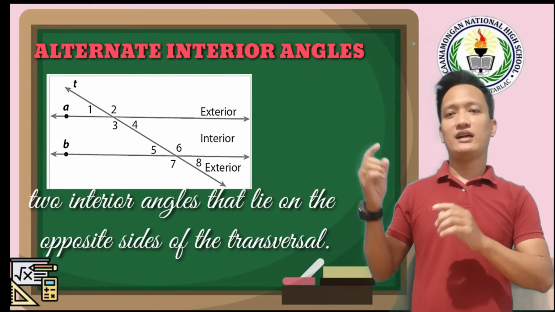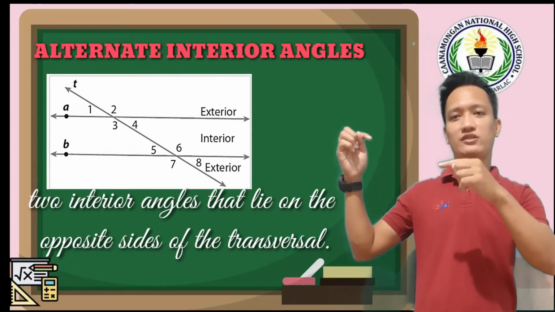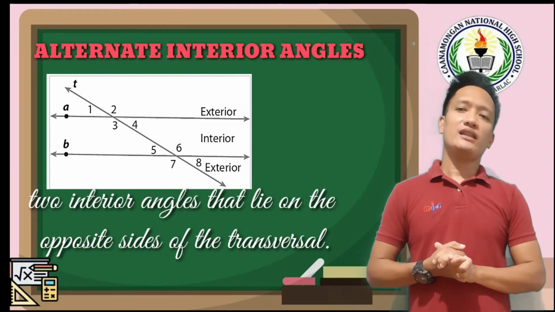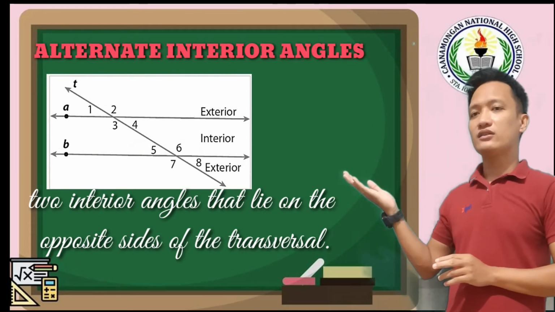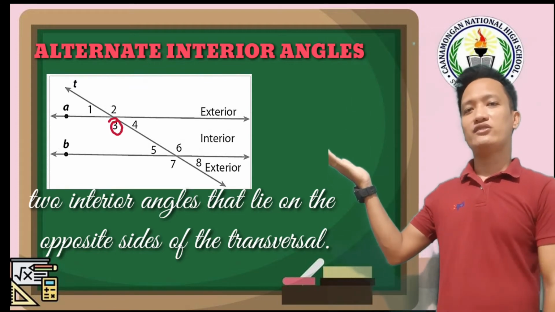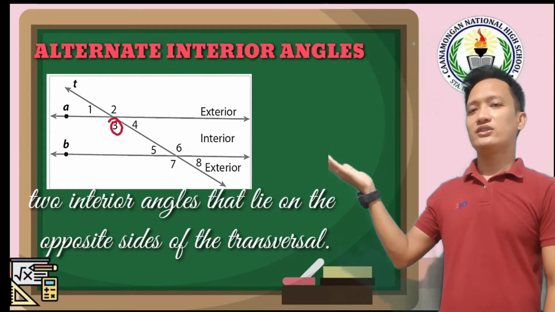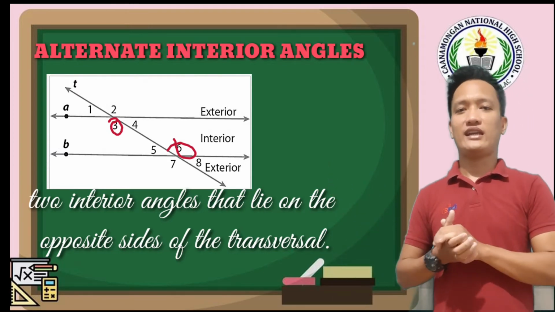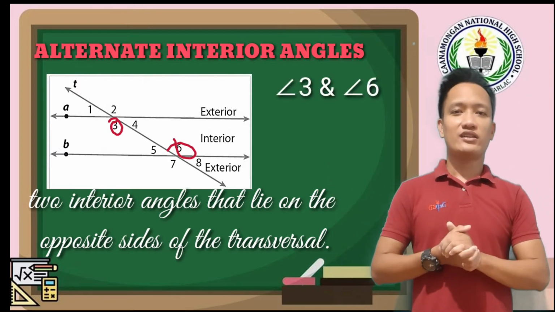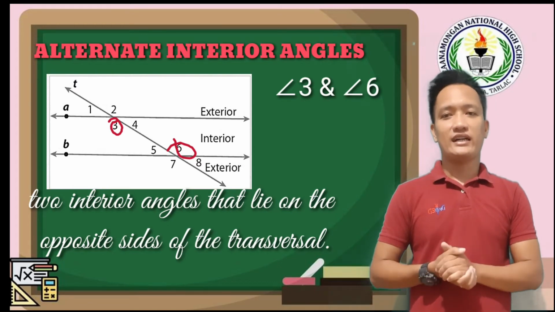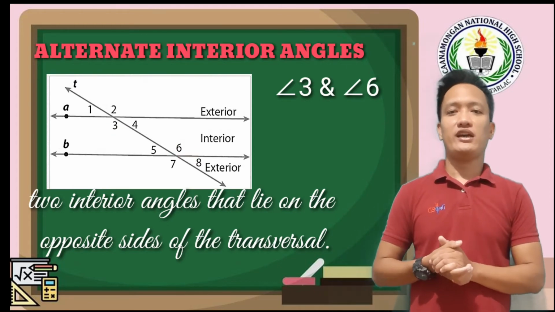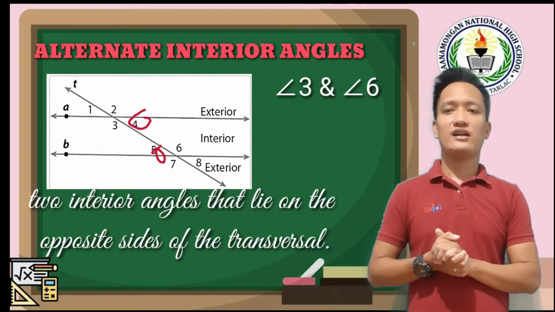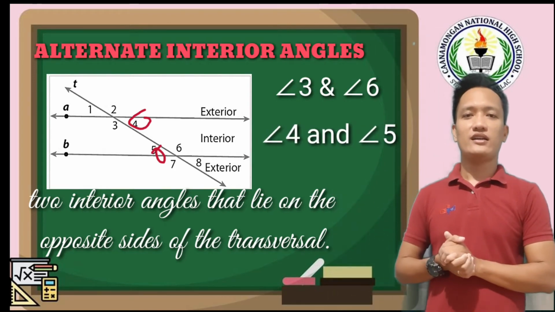Ibig sabihin magka-baliktad, opposite. So kung titignan natin, ano nga ba ang kabaliktad na angle ng angle 3? Kasi angle 3 is an interior angle. So angle 6. So angle 3 and angle 6 are alternate interior angles. And syempre, ang alternate interior angle ng angle 4 ay angle 5.